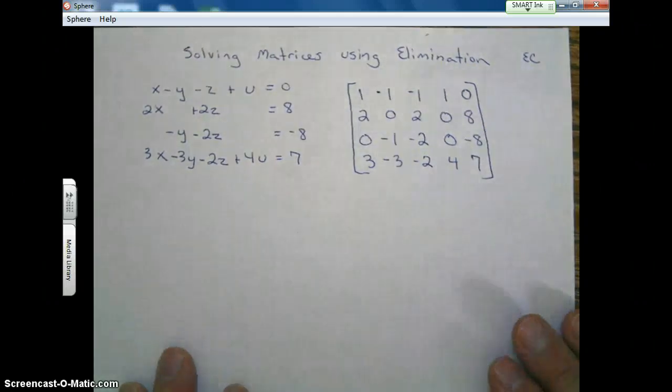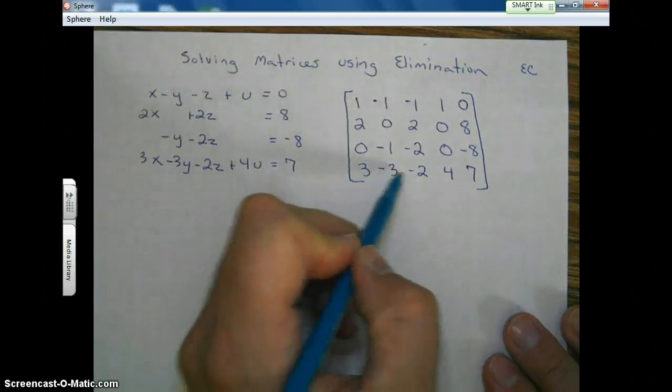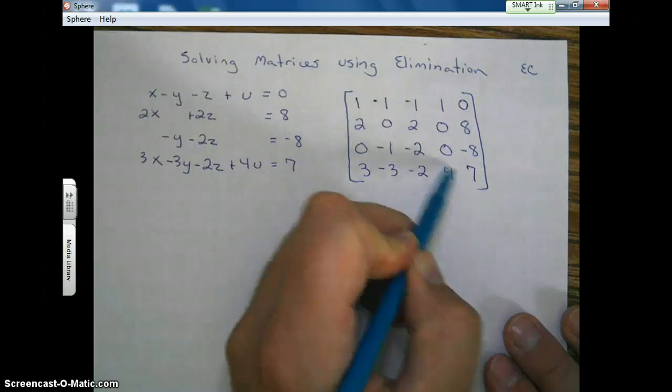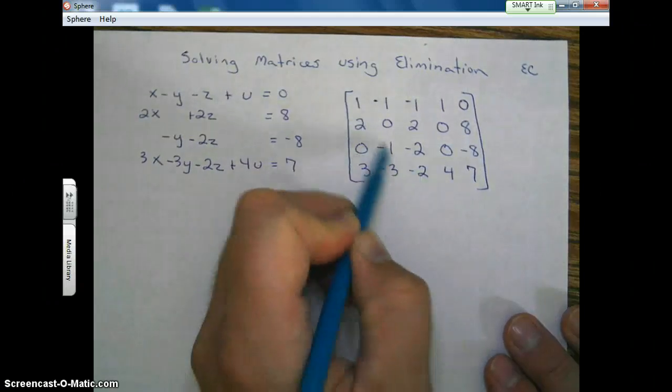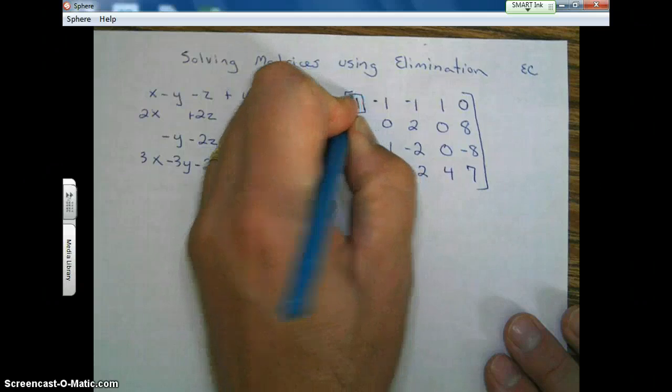Now using elimination, the goal here is to make all of these values below this diagonal equal to 0. This first number is called our pivot.